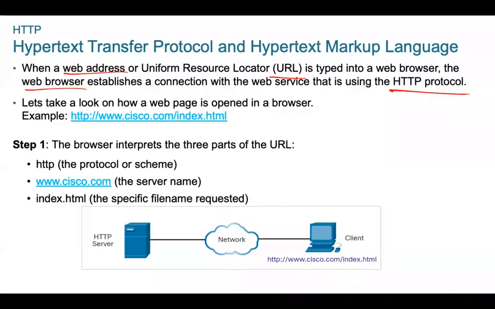To understand that, you just open the browser and check how it goes, which in day-to-day life we generally do. But in the browser concept, in step 1, the browser interprets the 3 parts of the URL when trying to browse this request in terms of HTTP.